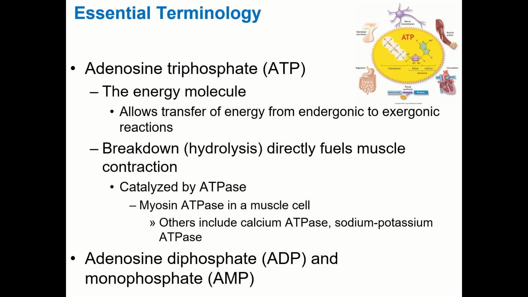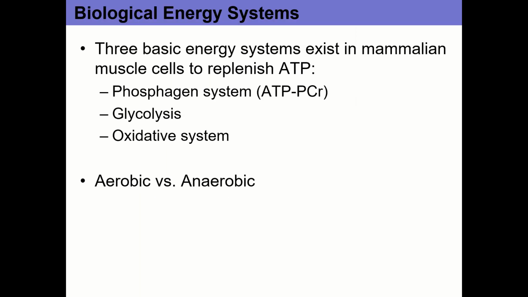It can, but it prefers not to because there is more energy in this bond than there is in this one. So we'd rather make an adenosine diphosphate and a free phosphate and reassemble that molecule, but if need be, for a really extended sprint, let's say, you can split off that second phosphate group and make an adenosine monophosphate and then have 2 free phosphates.